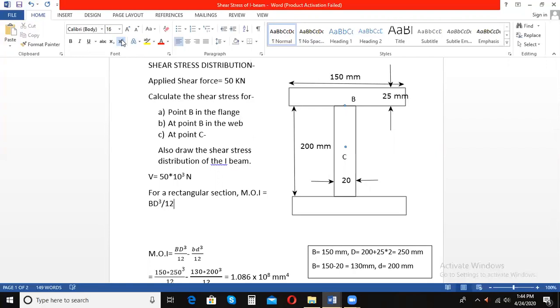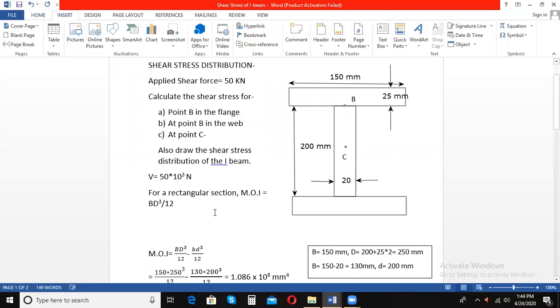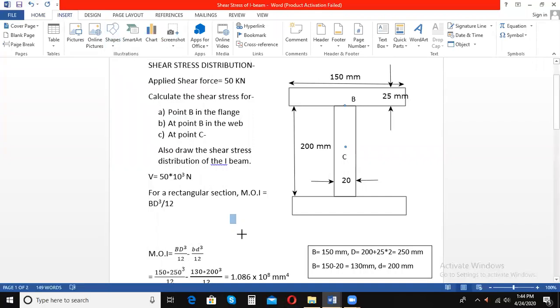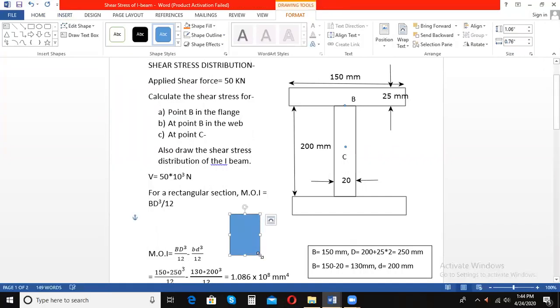What is B? Suppose we have a rectangle here. B is the width of the rectangle, and D is the total or overall height of the rectangle. So this is B and this is D.